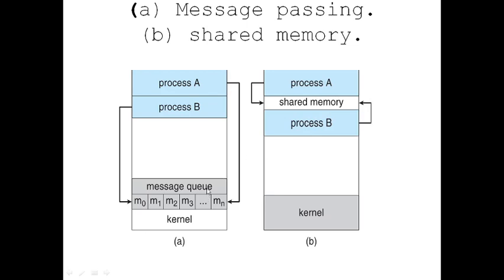Message queues being separate from the processes and shared memory being part of the processes have their own drawbacks and advantages, which will determine the selection of the mechanism, whether message queue or shared memory is preferred, based on this particular characteristic.